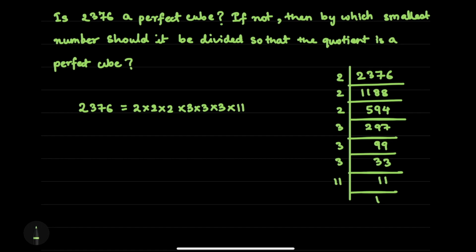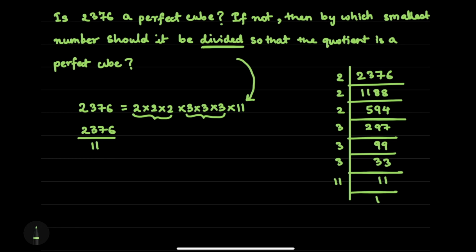Now let's make the triplets. We get the triplet of 2 and then a triplet of 3. And now we see that 11 is unpaired. Because the question asks by what number it should be divided, we will take this number 11 and divide 2376 by it to get the perfect cube.